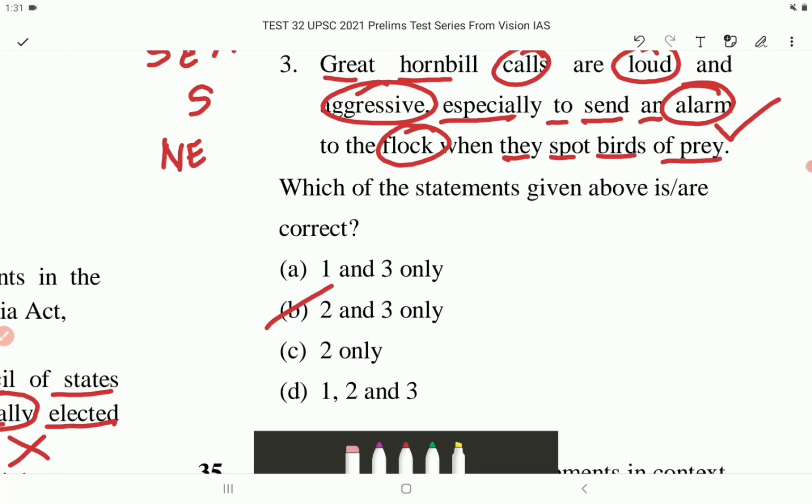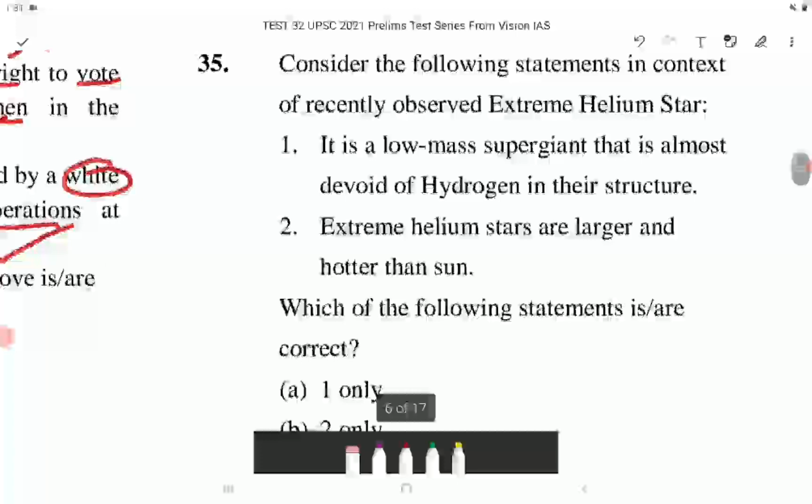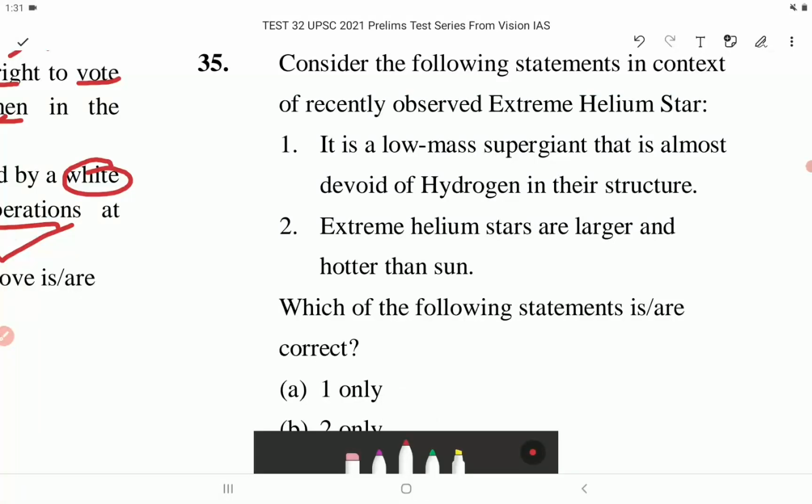Now let's come to question number 35. Consider the following statements in context of the recently observed extreme helium star. Statement 1. It is a low mass supergiant that is almost devoid of hydrogen in their structure.